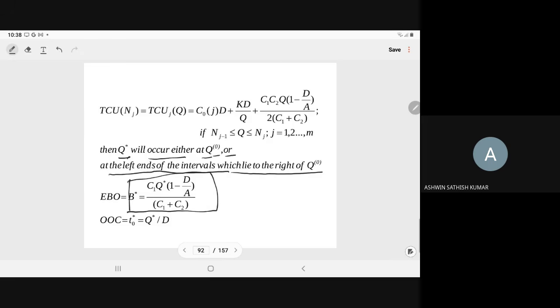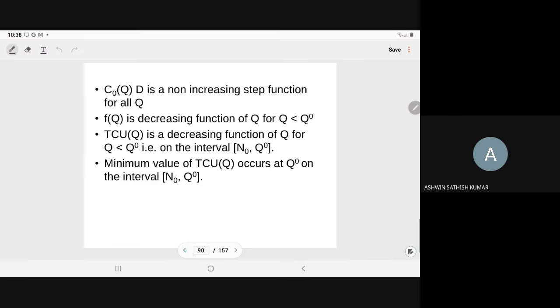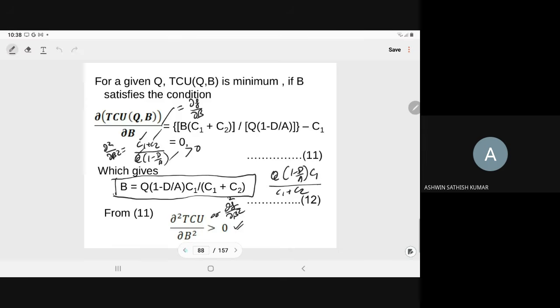We have just derived B in terms of Q: B is equal to Q into 1 minus D upon A into C1 upon C1 plus C2. So you put the optimum value and you will get the optimum value.